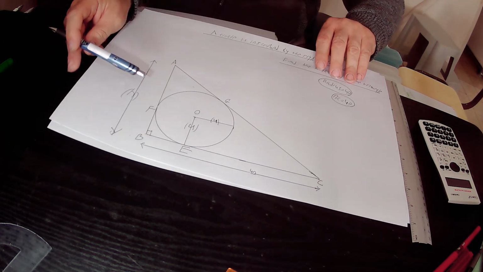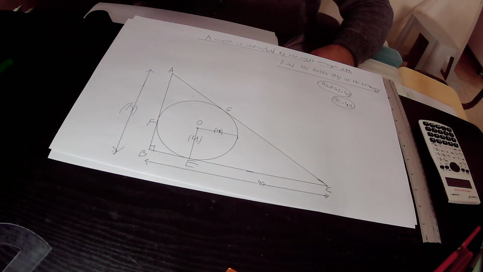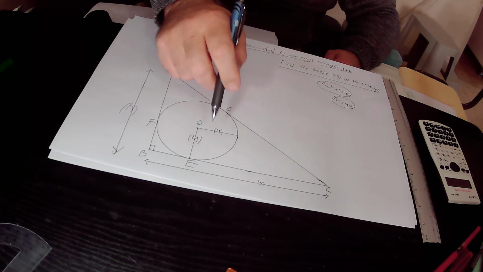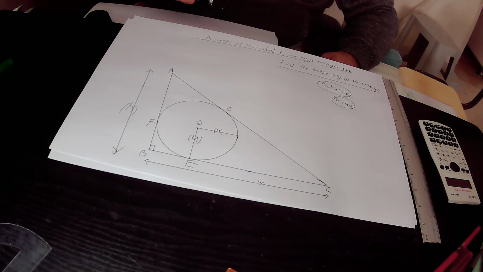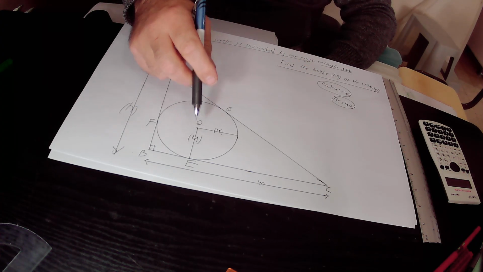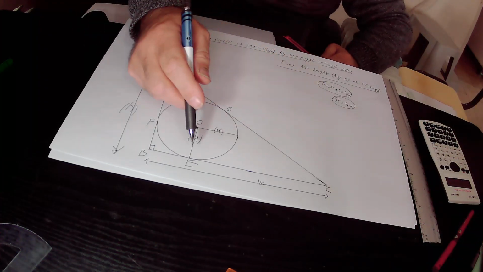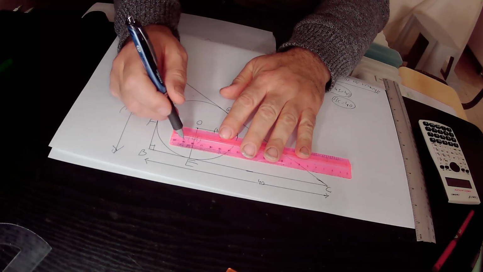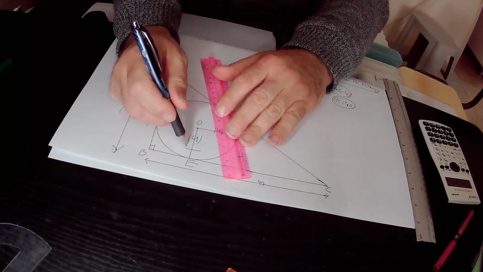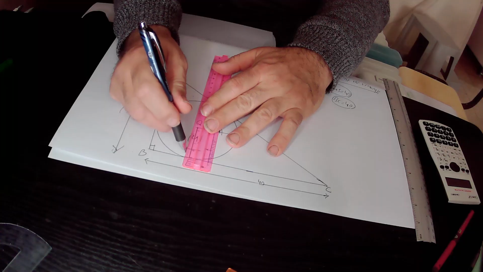The radius OE is drawn to point E, that is the point of tangency of tangent BC with this circle. Whenever you have a radius that is drawn to the point of tangency, then tangent BC will be perpendicular to the radius EO. If BC is perpendicular to EO, it means that this angle equals 90 degrees. And this angle also equals 90 degrees, according to rule 1.